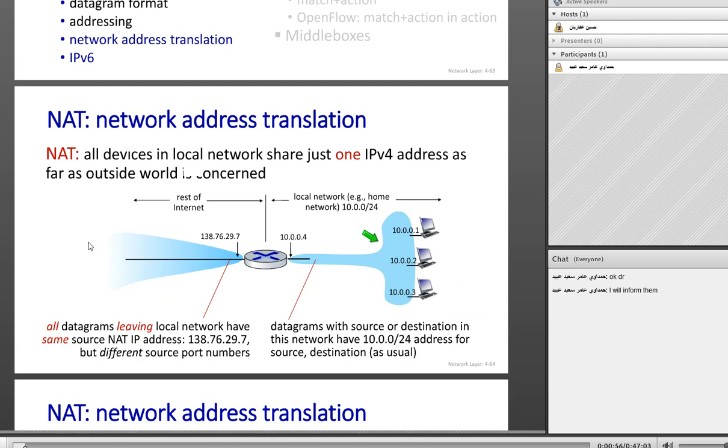Suppose that we have a network with a range of IP addresses and some systems, and we want to send information outside of my network to the internet.